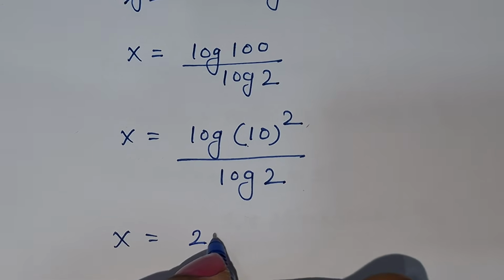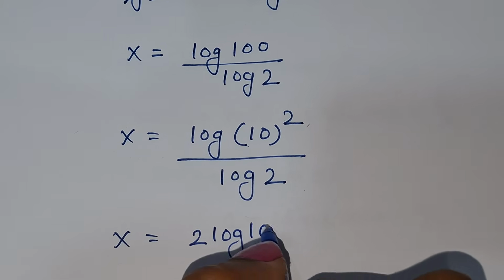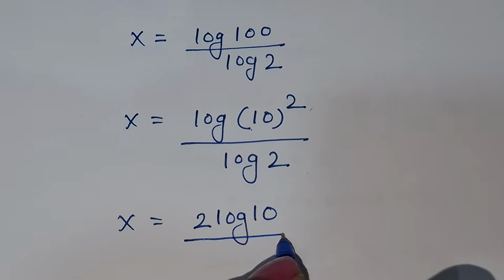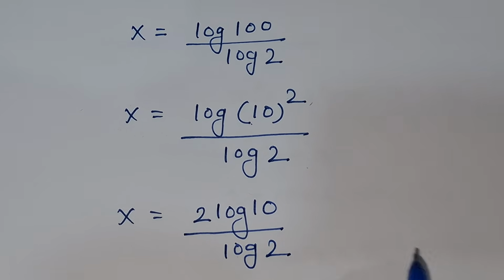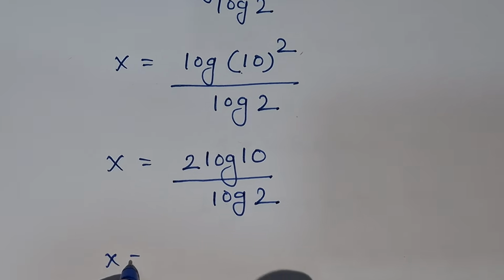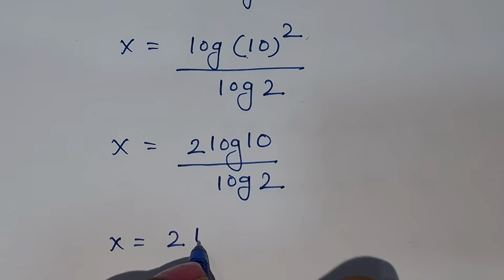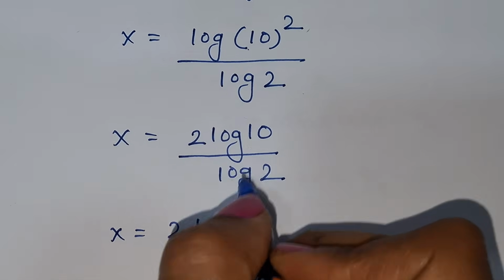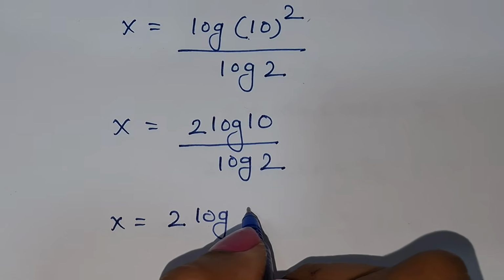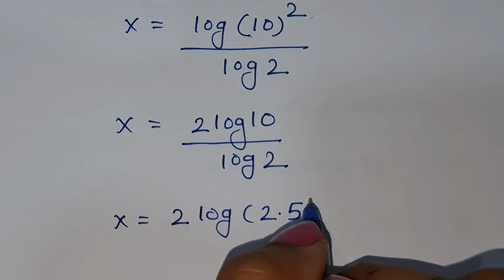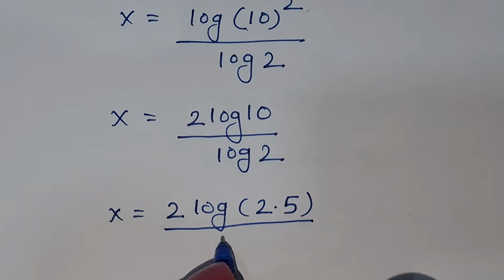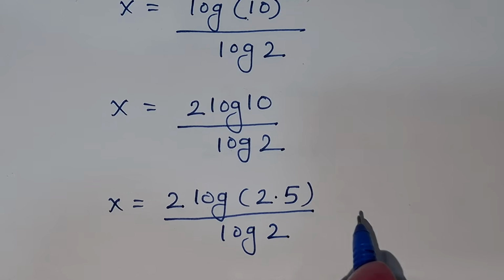So x is equal to 2 log 10 divided by log 2. Now we can write 10 as 2 times 5.